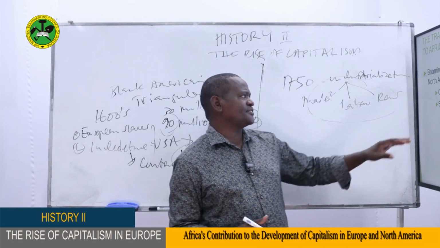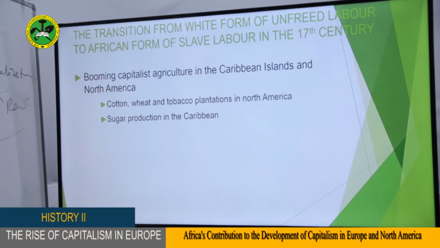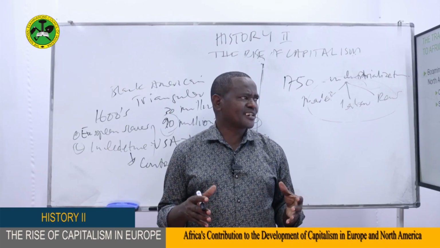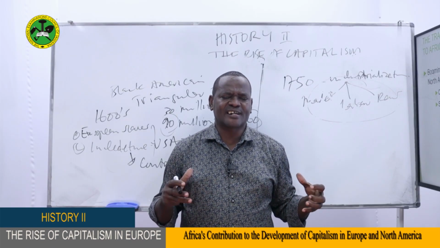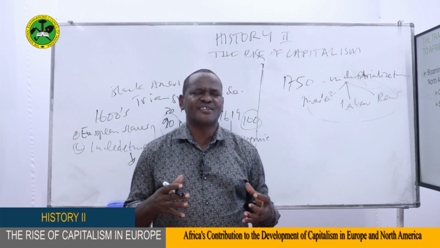Another point, my dear students, is the booming capitalist agriculture in the Caribbean. Agriculture in the Caribbean was expanding, and as you can see, the more the expansion of agriculture, the more people were needed to work in those plantations.